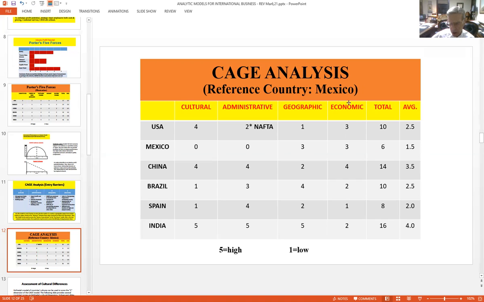And then finally, economic factors. Some countries have the ability for people to make discretionary purchases because they have relatively high incomes. Other countries, not the same, right? In India, you've got clusters of population that have high spending power and much larger clusters of people that don't have very much spending power at all.